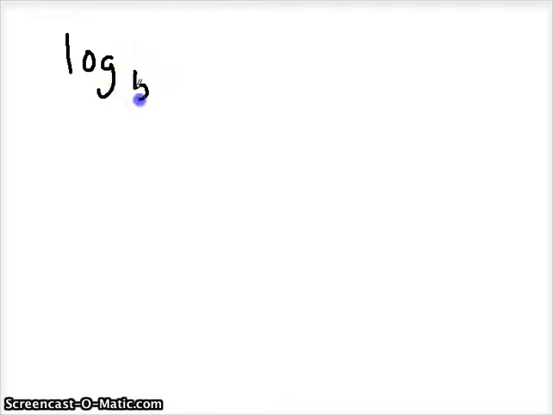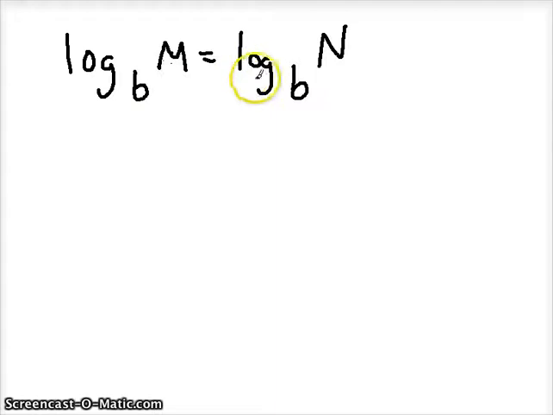What if we have things that look like this? So in this case, we have a log expression on both sides of our equation here. And as long as the bases are the same value, then really this is similar to when we were solving for unknown exponents.